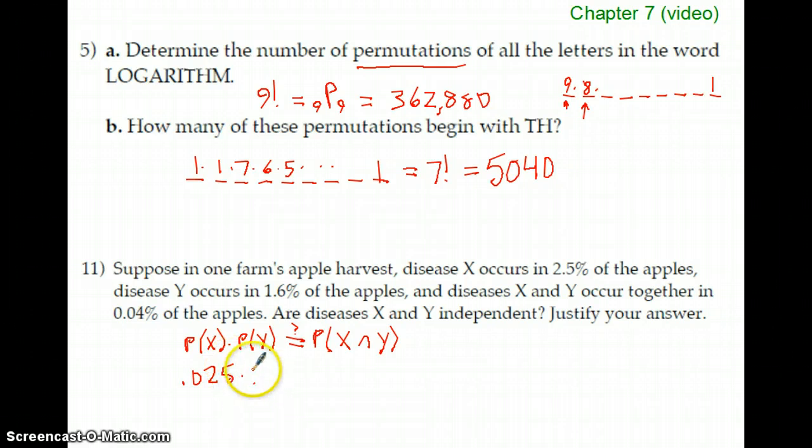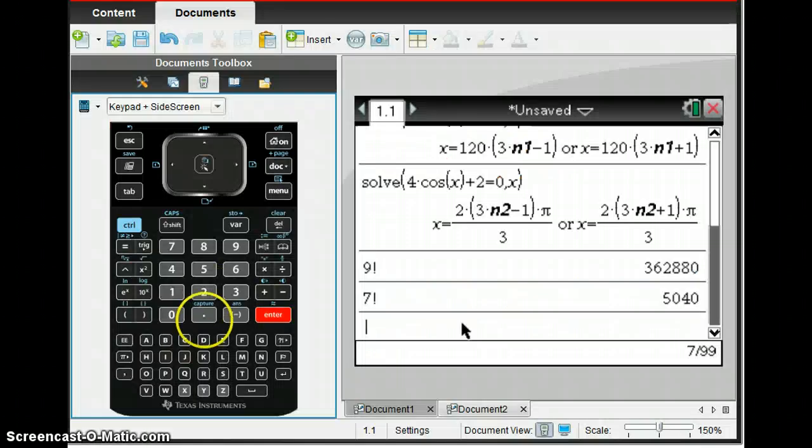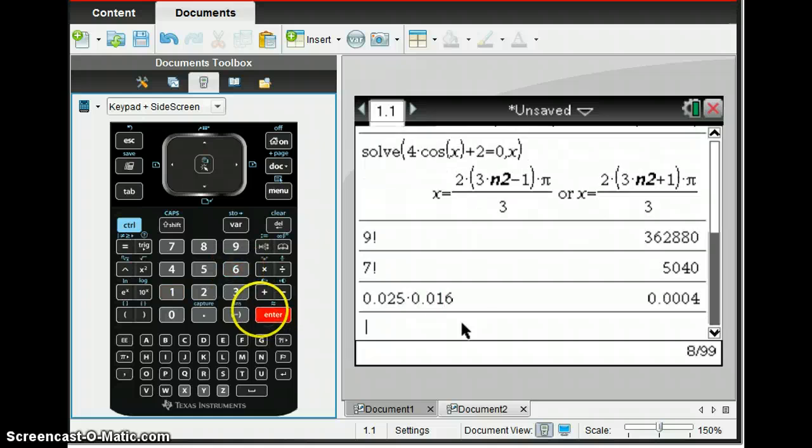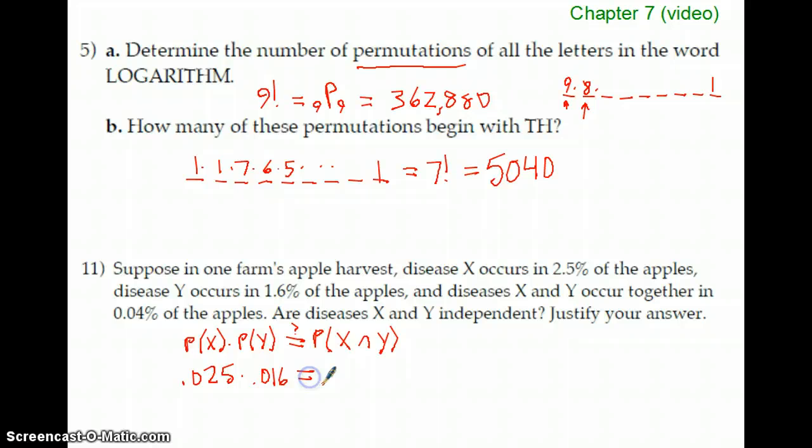Probability that it's in Y is 1.6%. If you actually multiply those, what do you get? 0.025 times 0.016. That's 0.0004, so you actually get that percentage. That's exactly what they are. So yes, independent.